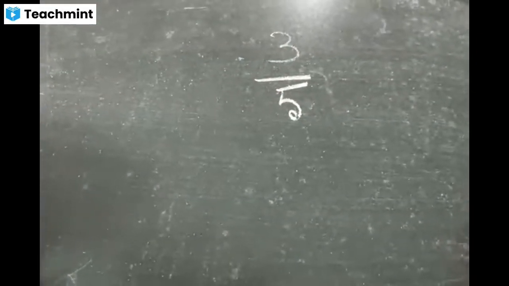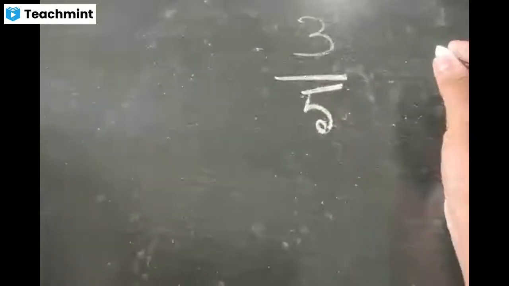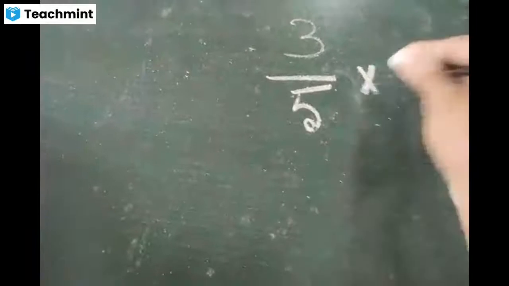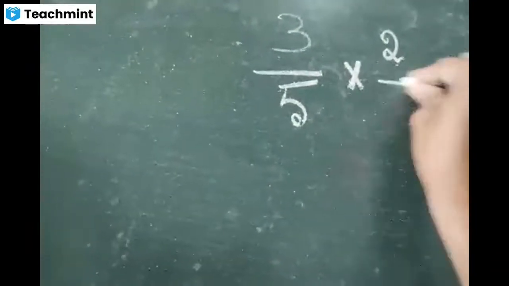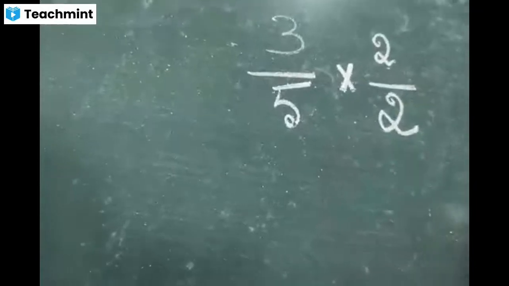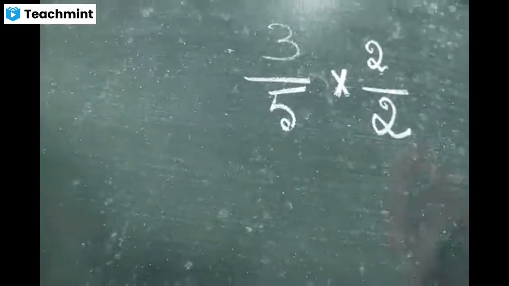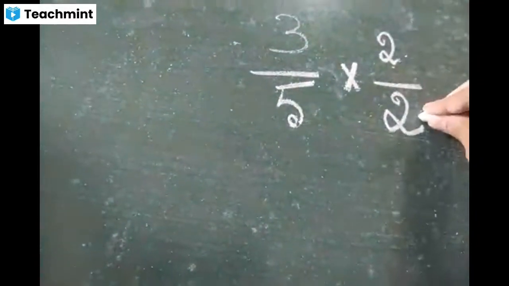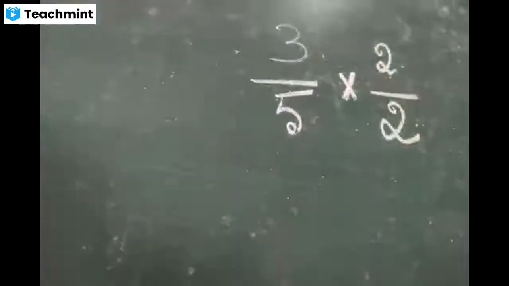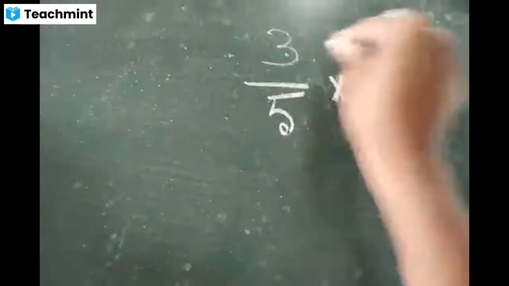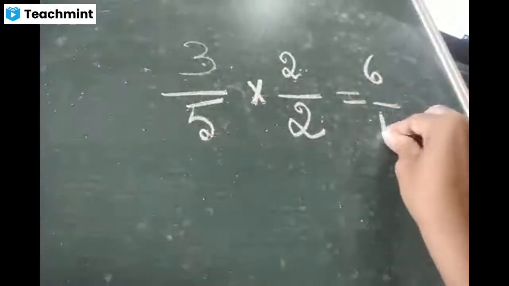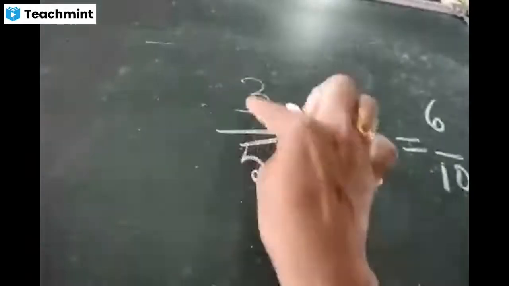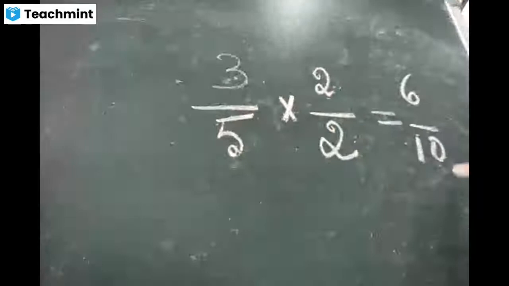Equivalent fraction means we take one number, I'll take 2. The same number I have to multiply to the numerator and the denominator. So what I get here is an equivalent fraction of 3 by 5: 6 by 10.